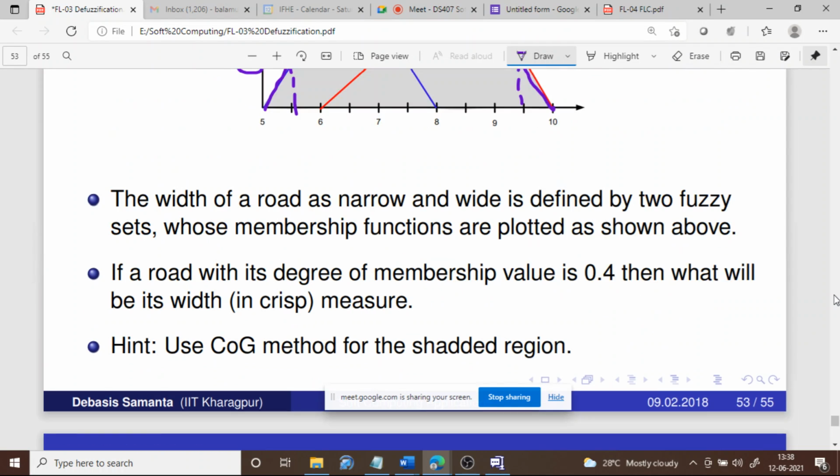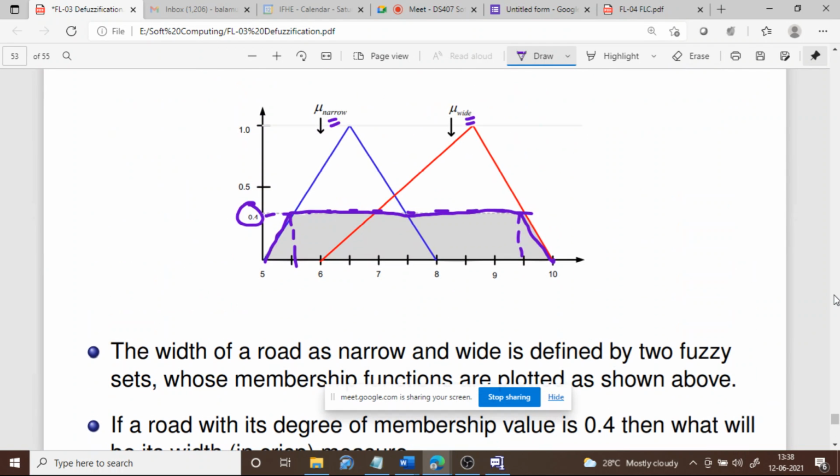Right. Weighted sum is applicable only for symmetric membership functions, right? So that's it about this particular topic, which is defuzzification. If you have some doubts you can ask, otherwise we can move to the next topic. Any doubts?